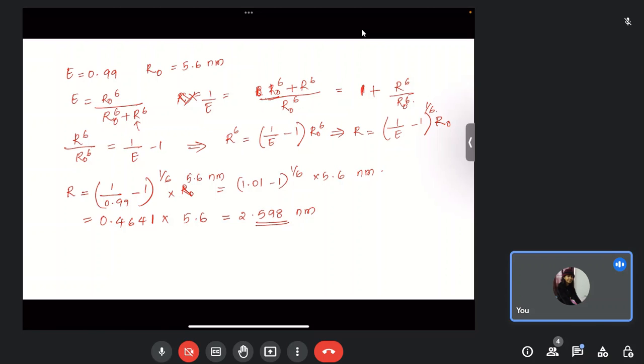Yeah, there is some problem with my calculation. I'm not sure whether it is a problem with my calculator.